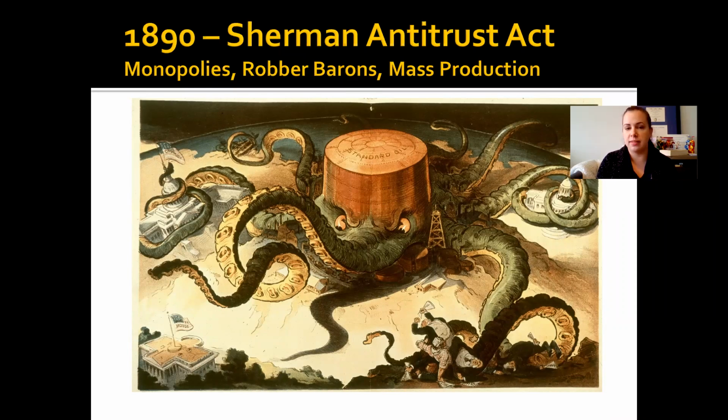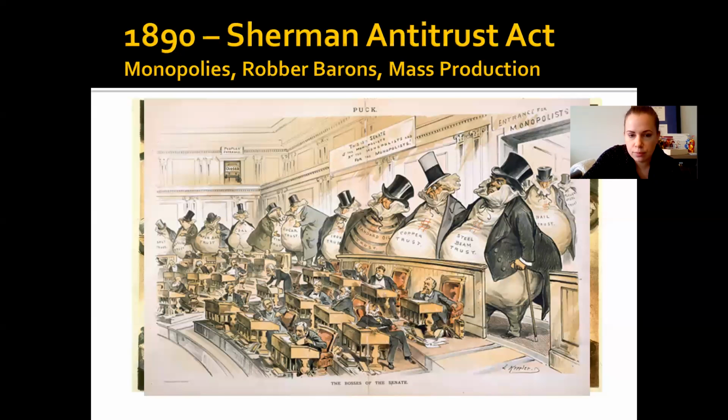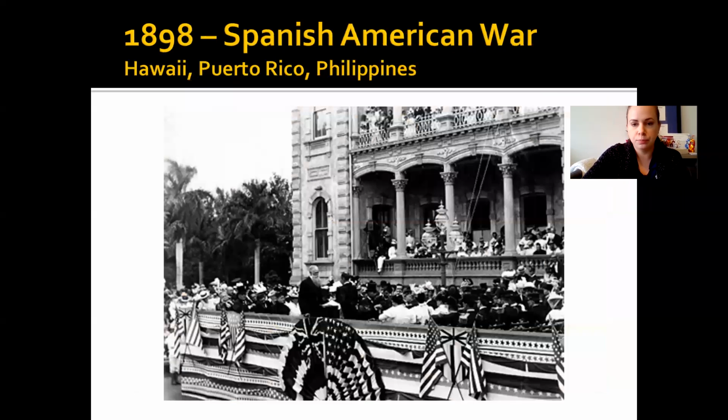So during this progressive era, you have some people like robber barons who are taking advantage of others, and then you have other people in power like Theodore Roosevelt who are working to limit the control of these robber barons. And this is an example of all of the large trusts slowly taking over Congress and pushing forward their agendas.